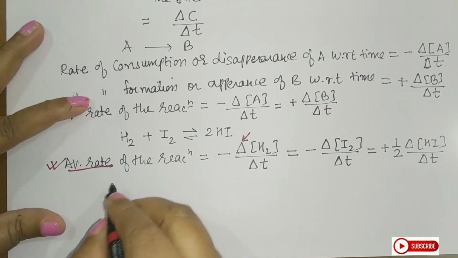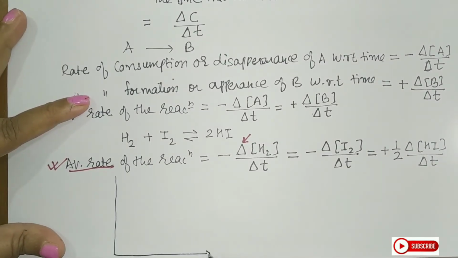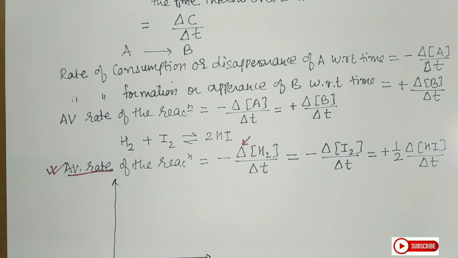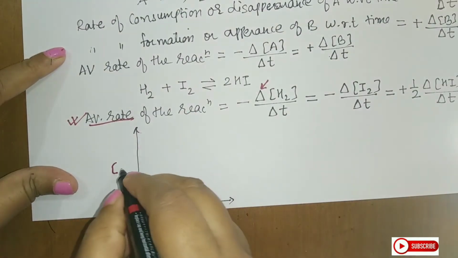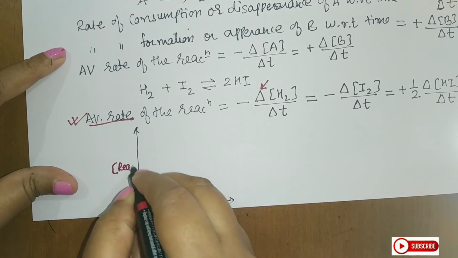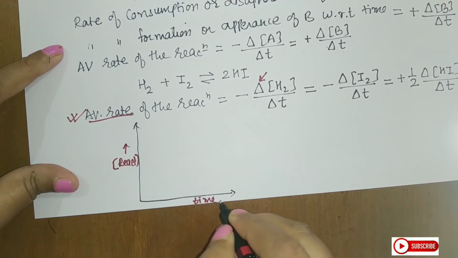So let us plot the graph. The first graph I will show here is for the concentration of the reactants. So let us take concentration of the reactant here, you can take any one, and with respect to time.